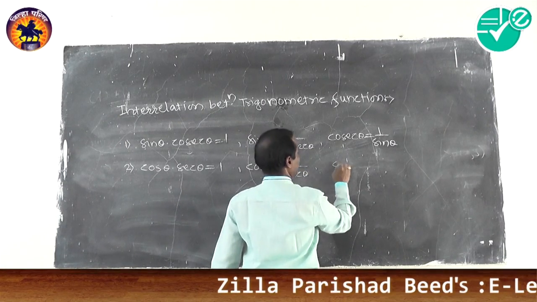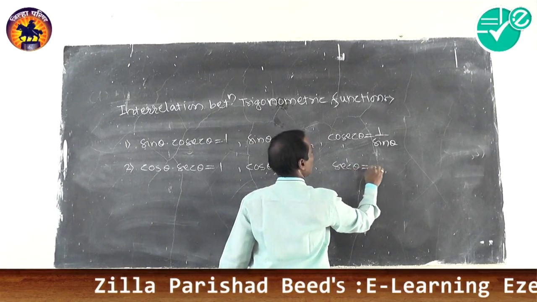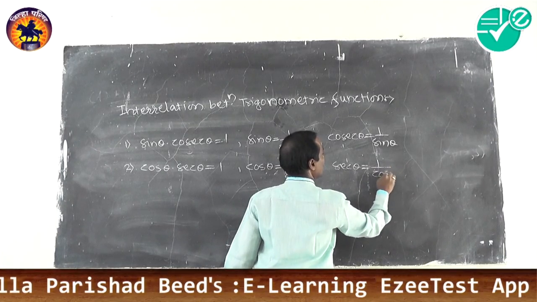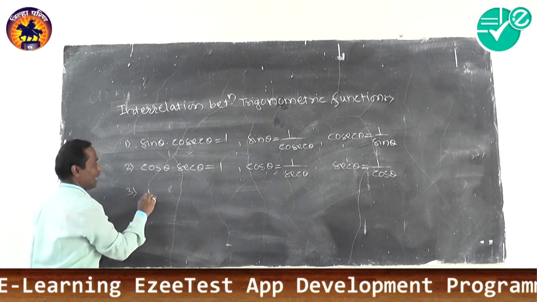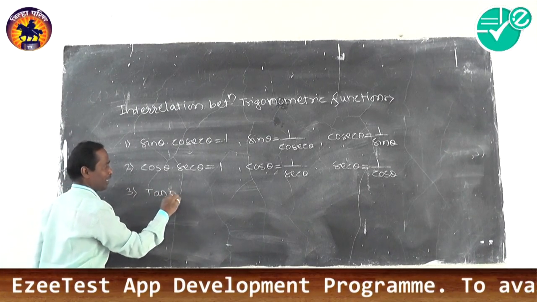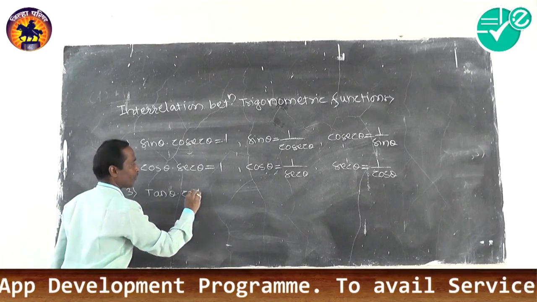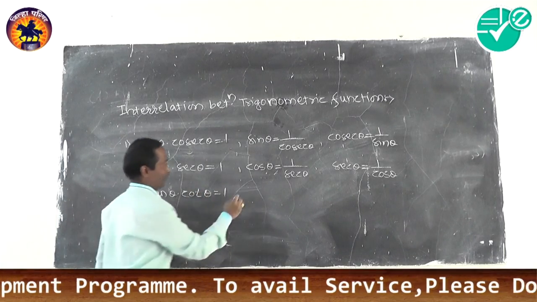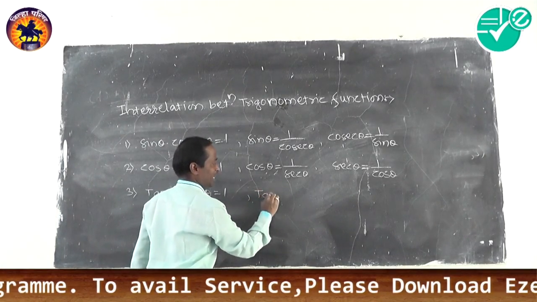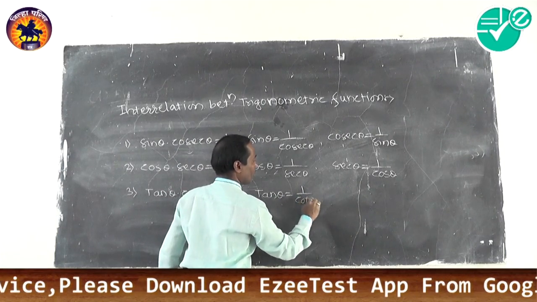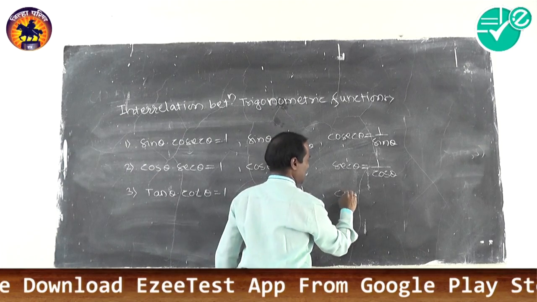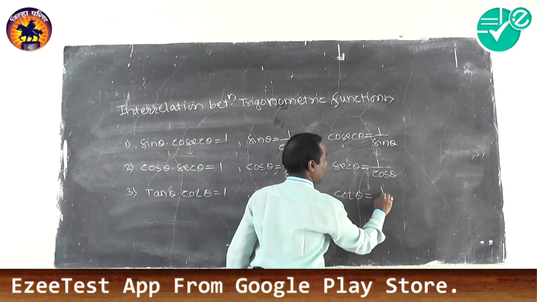And sec theta is equal to 1 by cos theta. Third, tan theta into cot theta is equal to 1. Tan theta is equal to 1 by cot theta. Cot theta is equal to 1 by tan theta.